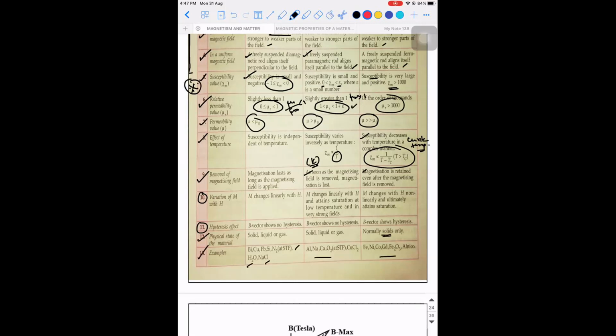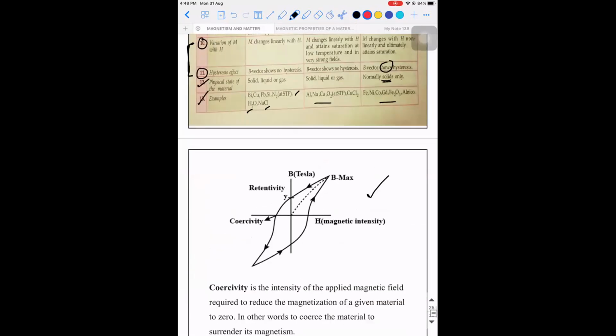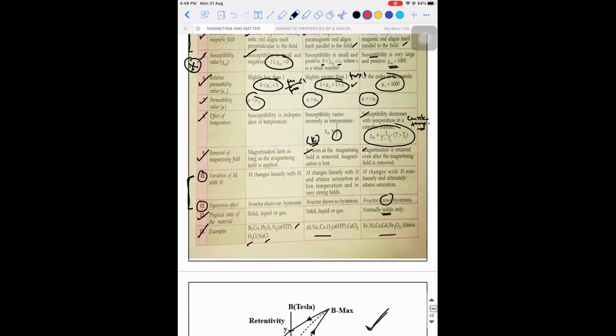So similarly, you can read these also. The reason I said I will explain it in the next class is that hysteresis is exhibited only by ferromagnetic substances, and that is a completely different concept. So this is a loop. I need to explain how this loop has come. So it will take some time. Okay. So accepting these 2 points, 10 and 11, is there any doubt from today's session?